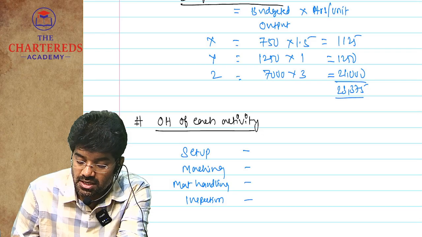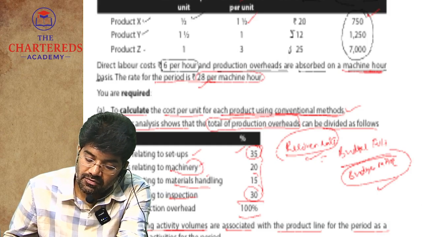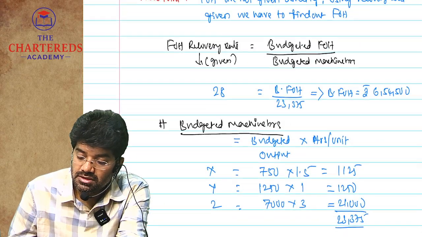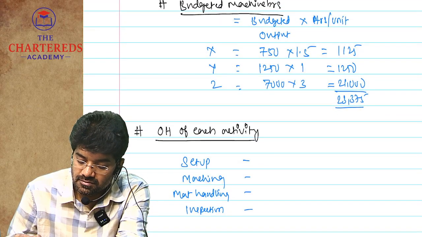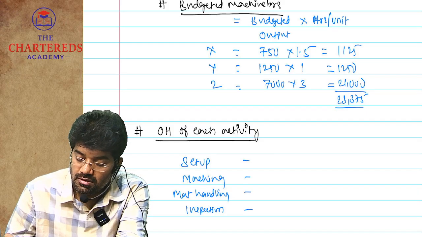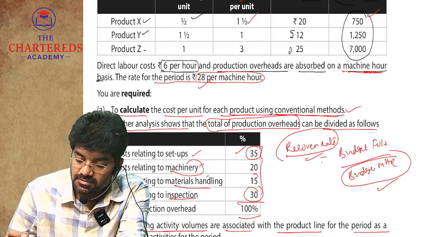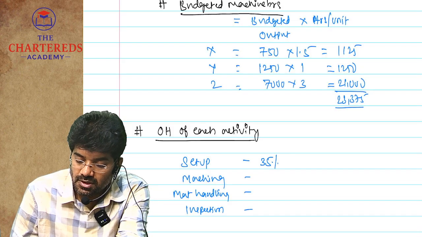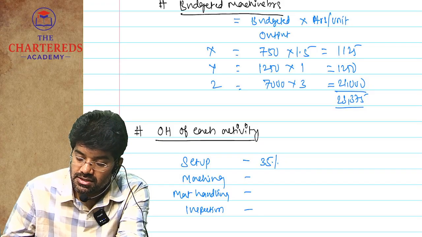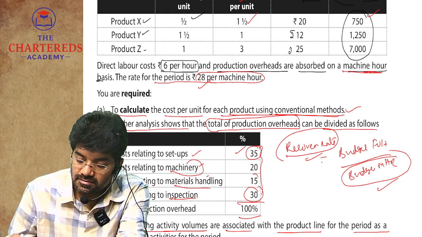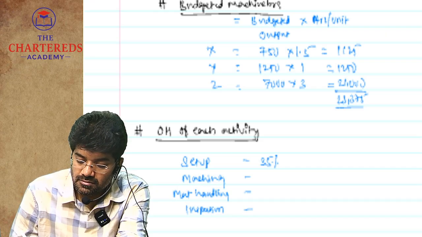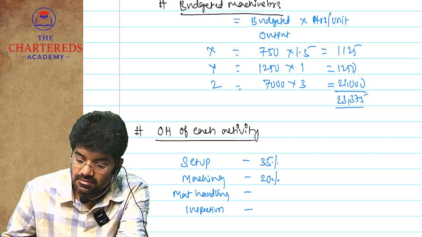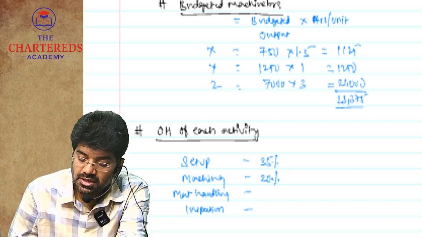The percentage given here is 35 percent. So 6,54,500 into the percentage given here, 35%. Take 35%. Then machining is 20%, material handling is 15%, and that one is 30%.